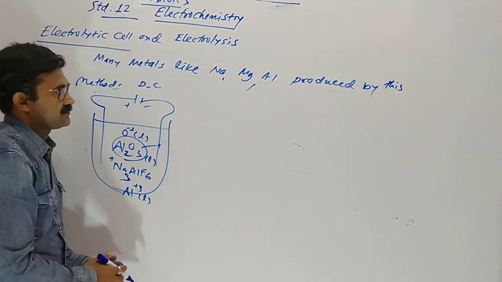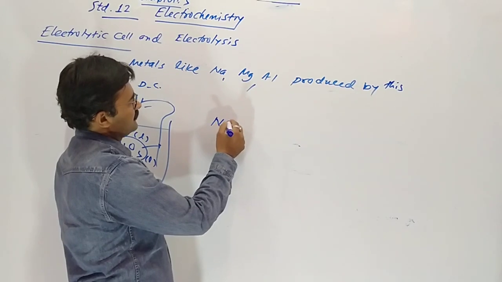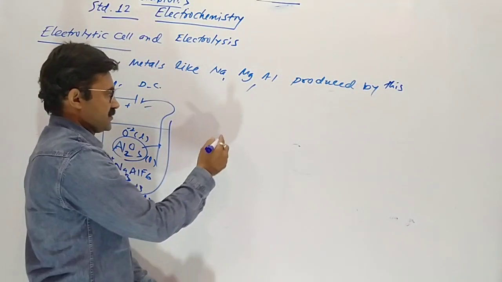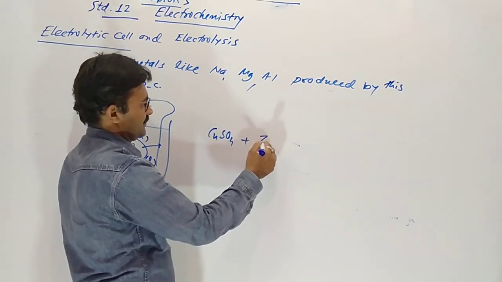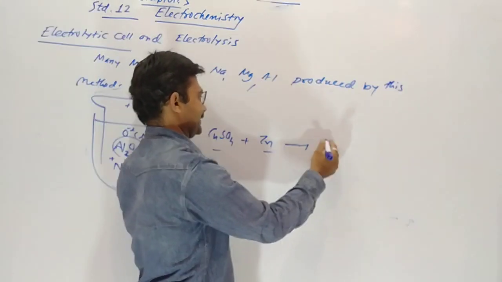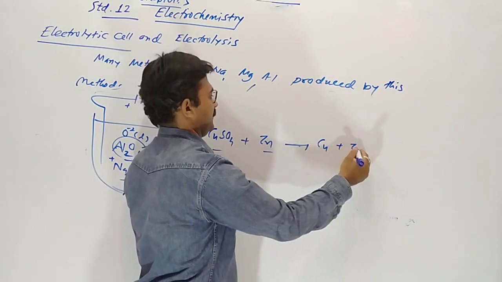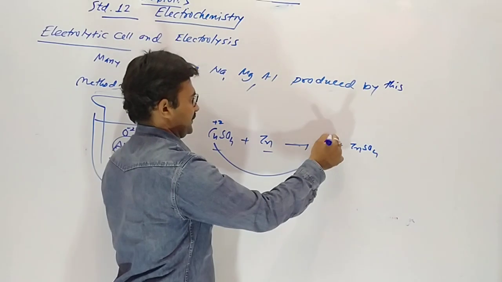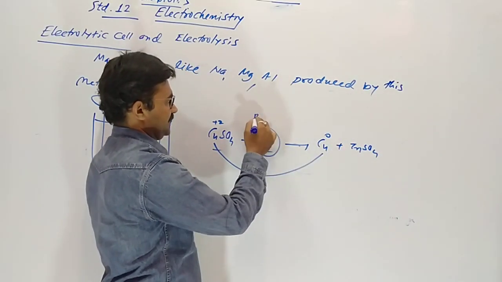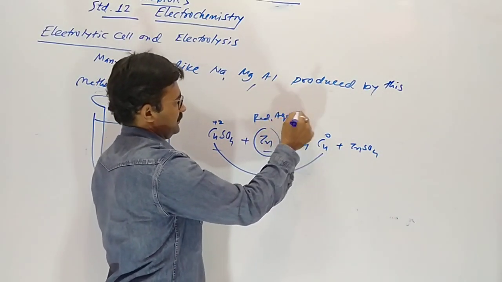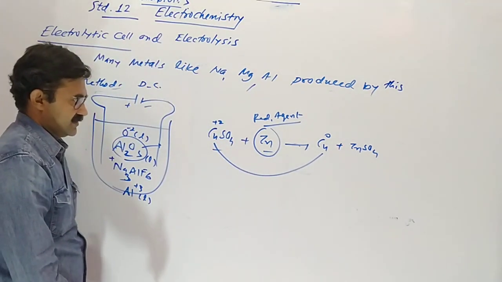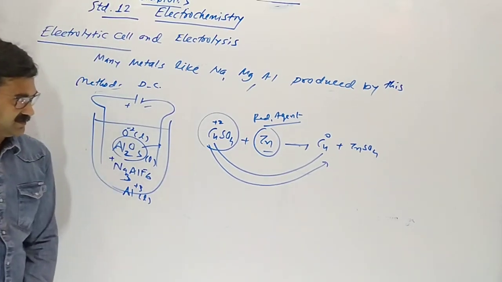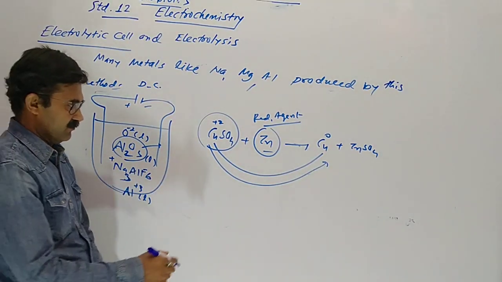Actually, regarding reduction, if a copper sulfate solution is given, we add zinc. So here copper will be reduced. Cu+2 is reduced, and the reducing agent here is zinc. For the reduction of Cu+2 ion, a reducing agent is available.